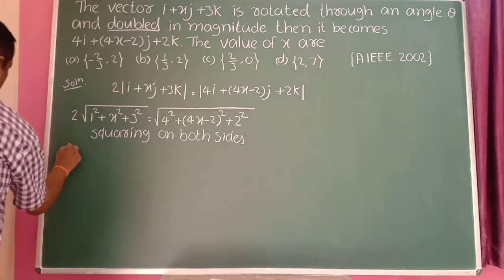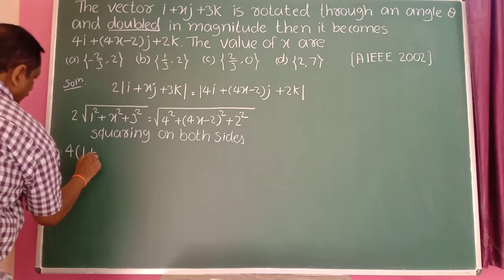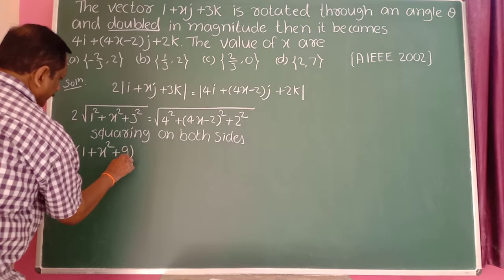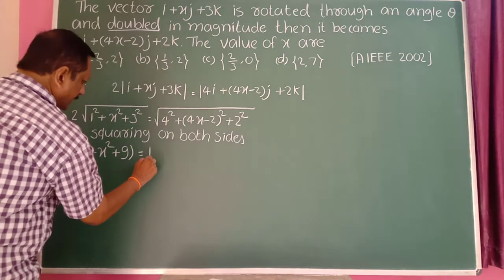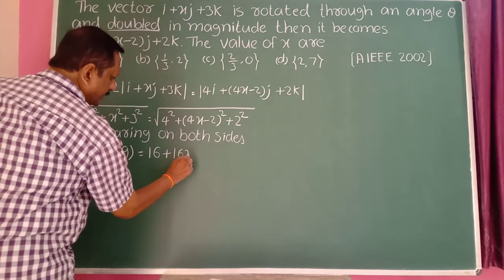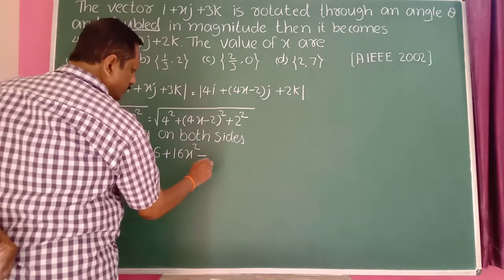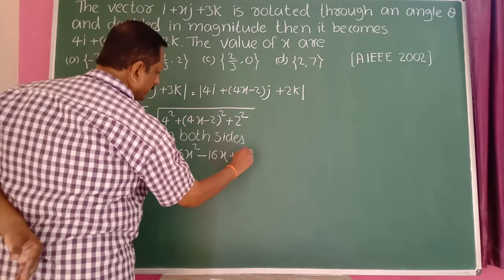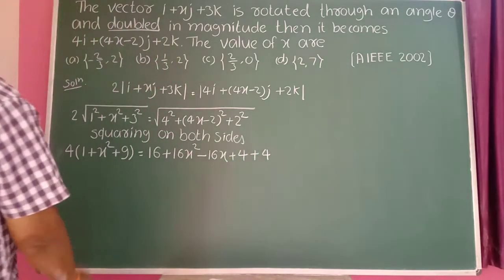Therefore 2 square is 4 here. Square root and square cancels. 1 square is 1 plus x square and 3 square is 9 here. That is equal to, again square root gets cancelled, 4 square is 16 here, then plus (4x minus 2) whole square is 16x square minus 16x plus 4, plus 2 square is 4 here, plus 4.